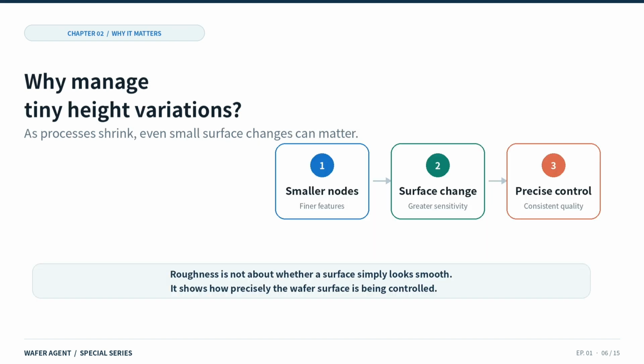The important question is not simply whether height variation exists. It is how small a variation must be controlled. As semiconductor processes become more precise, even small surface changes can matter. That is why roughness is more than a visual description. It is a quality concept that reflects how precisely the wafer surface is controlled.